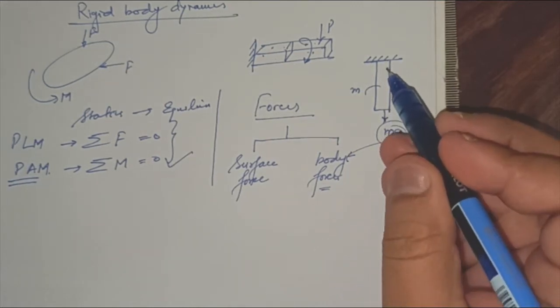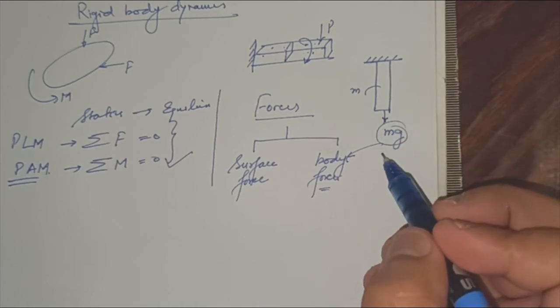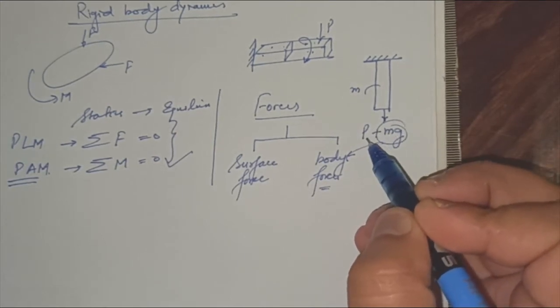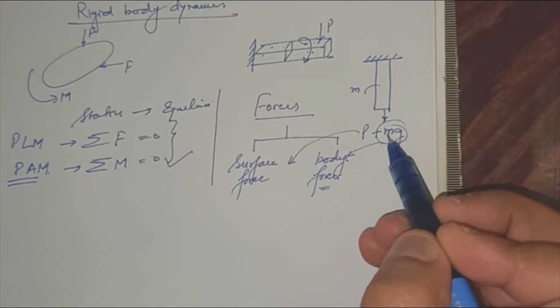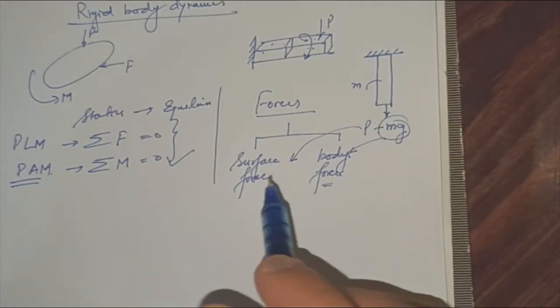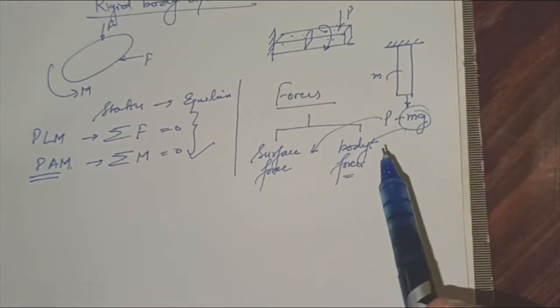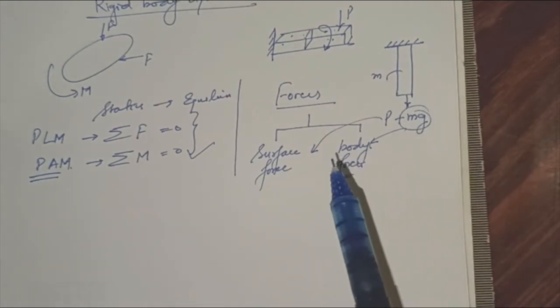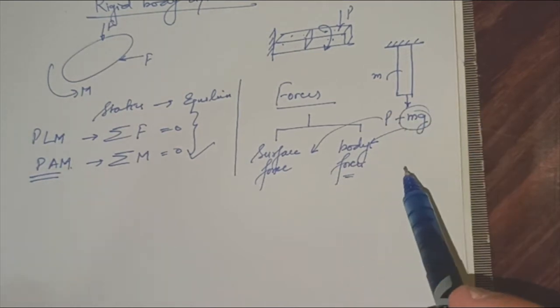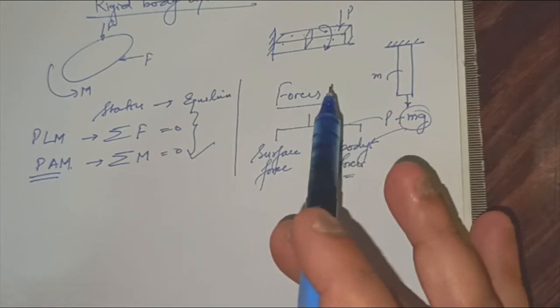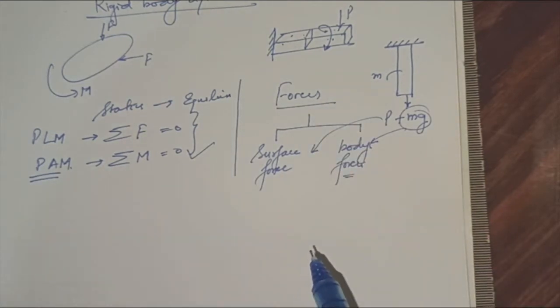So if I apply some load on this, what will be my load? My load will be P plus mg. My P is a surface force, my mg is a body force. I hope it's very clear. So any forces occurring due to the gravitational effect, or due to the magnetic effect on the body, these are all body forces. And surface forces are any external forces applied on the surface of the body.